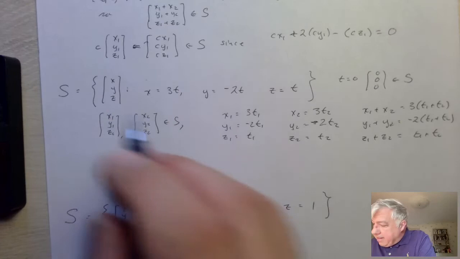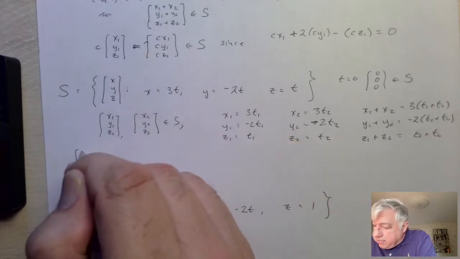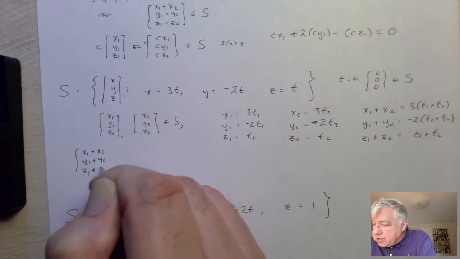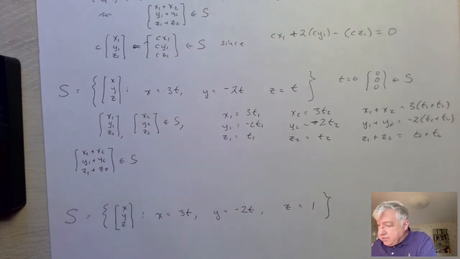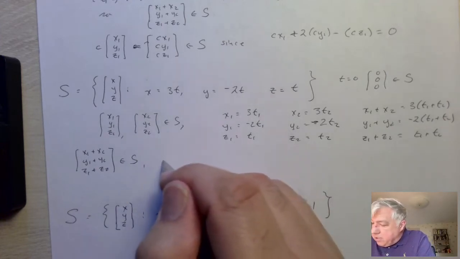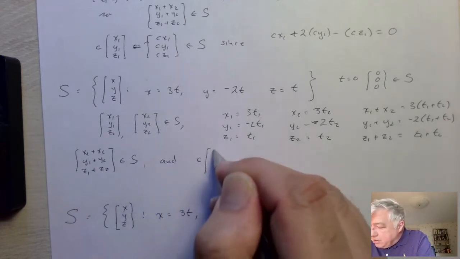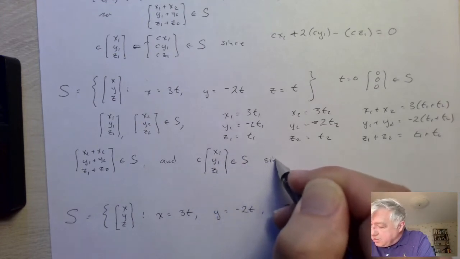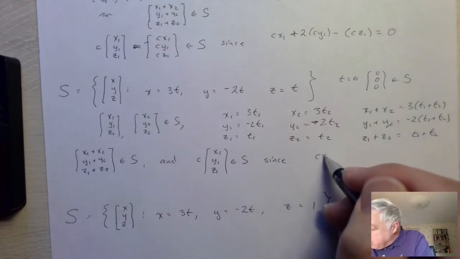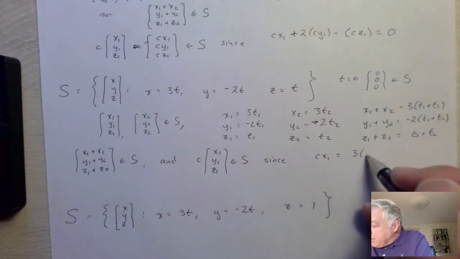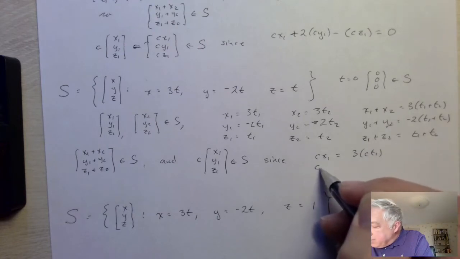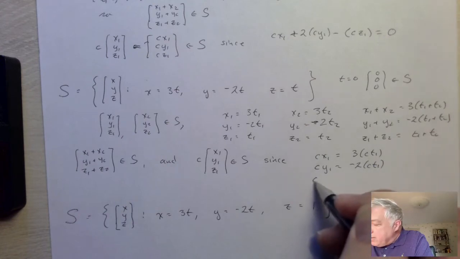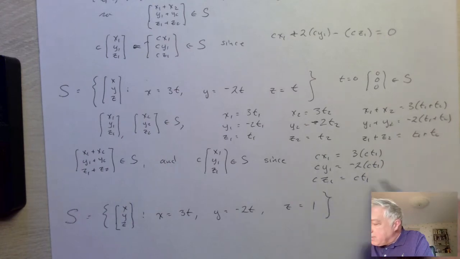Okay, so this will also correspond to a point on the line corresponding to t1 plus t2. So we can see that (x1 plus x2, y1 plus y2, z1 plus z2) is in S, and also C times (x1, y1, z1) will also be in S since Cx1 will just be 3Ct1, Cy1 will be negative 2Ct1, and Cz1 equals Ct1.